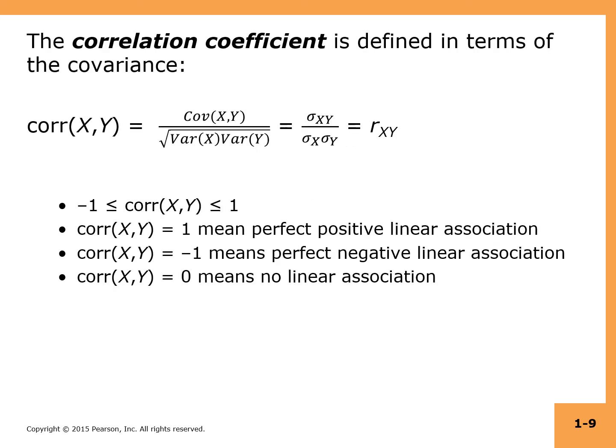The problem with covariance is that it gives you the relationship, but it doesn't give you how strong these relationships are. So if the covariance is positive, then we know that it has a positive relationship, and if it's negative, then we know that it has a negative relationship, but we don't really know how strong the relationship is. So that's when you calculate the correlation coefficient.